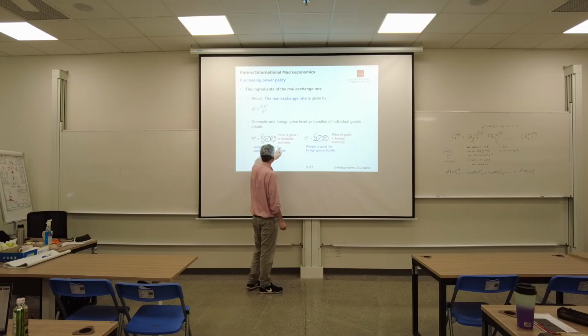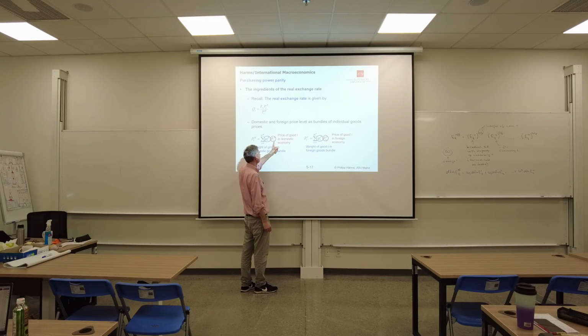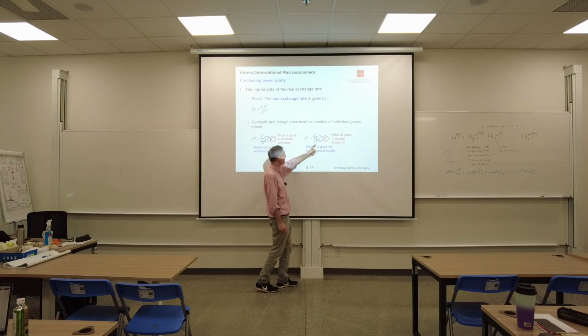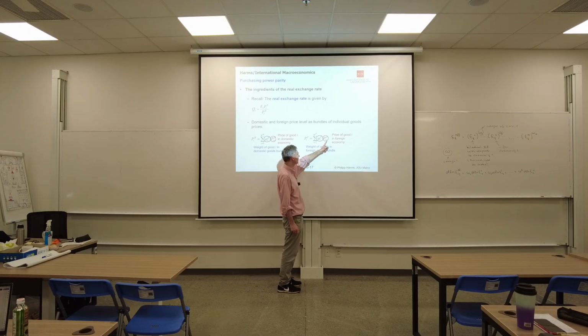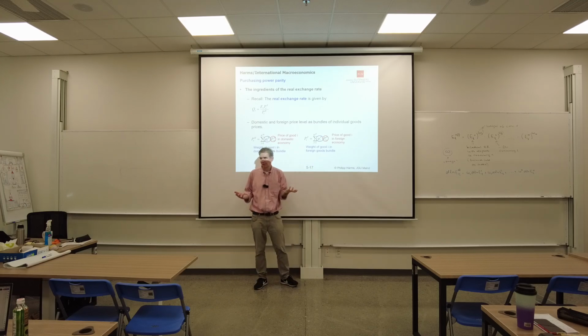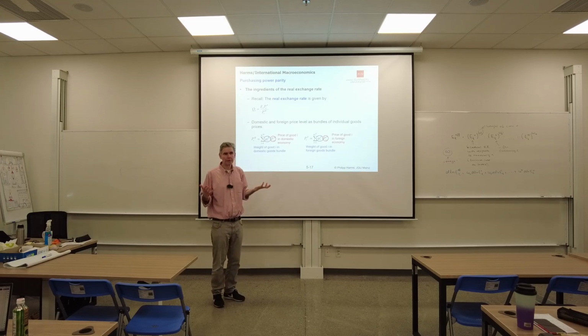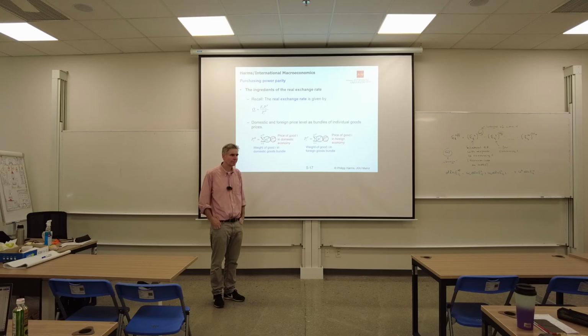Right? So this is the price of good I in the domestic economy, in domestic currency units. And this is the weight of good I in the foreign goods bundle, and this is the price of good I in the foreign economy. So for example, Germans may drink more beer than French, and the French may drink more wine than Germans. I don't know whether that's correct, but that's kind of a prejudice.